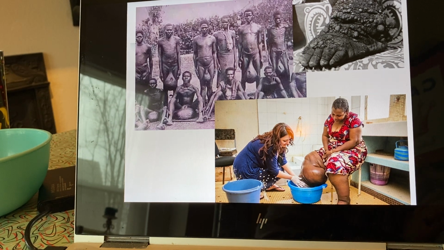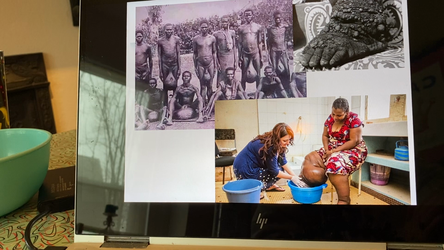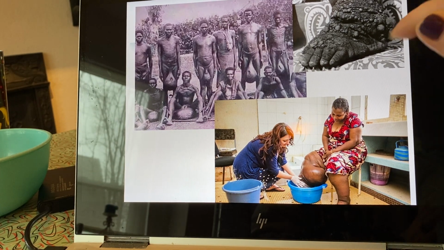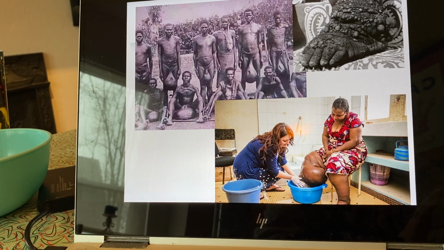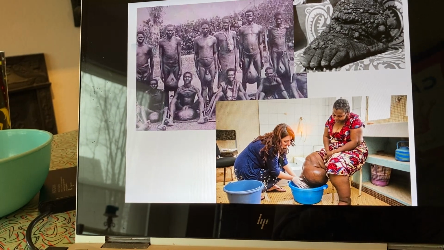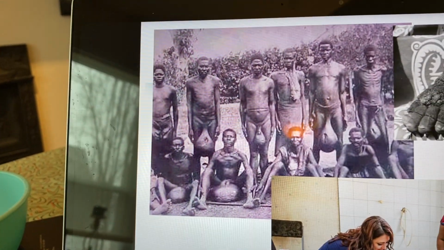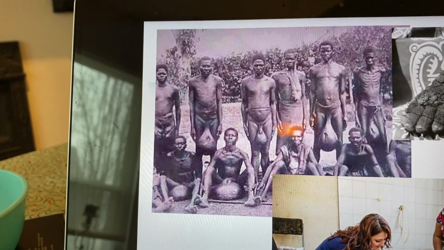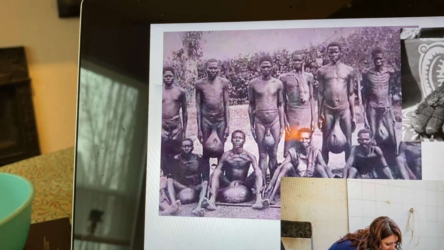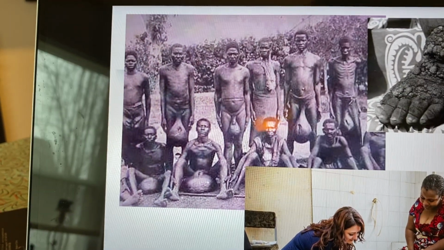This is a case of what we call filariasis, and we talked about this can also be caused by amoebas, but also tiny little worms can cause this as well. So you end up with these gigantic swollen limbs because the lymph nodes become blocked. And unfortunately, there's really nothing you can do about it other than to try to keep that area clean and hygienic. You'll notice over here, we have men in a tribe, and you can see obviously that their scrotums are gigantic, and that's because their lymph nodes are being blocked.